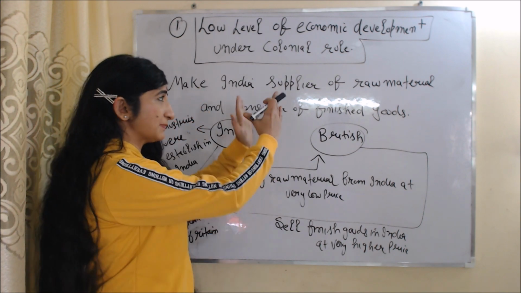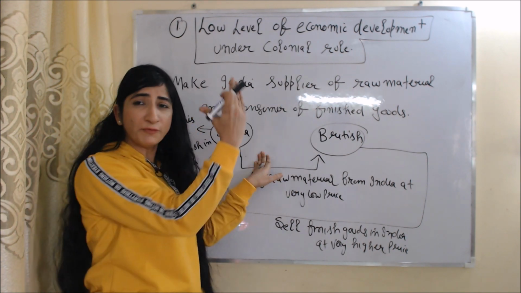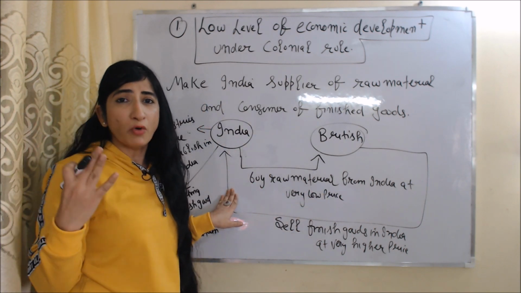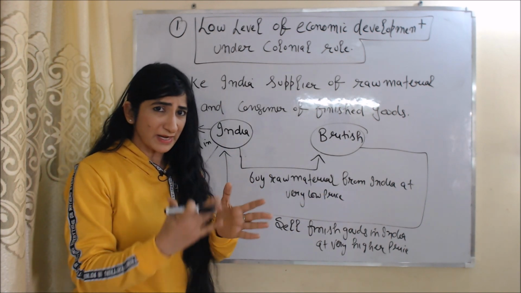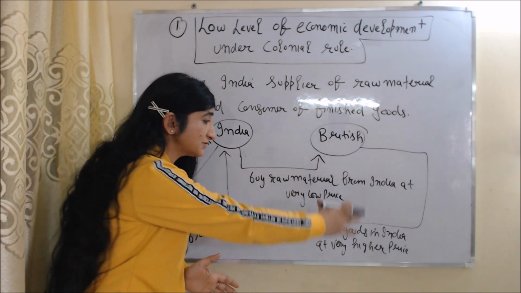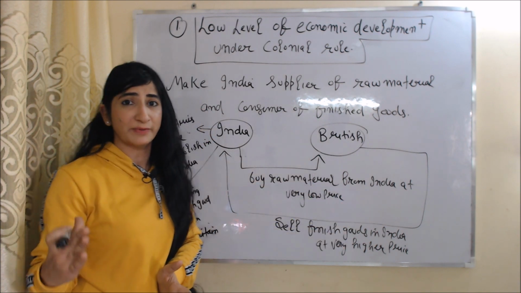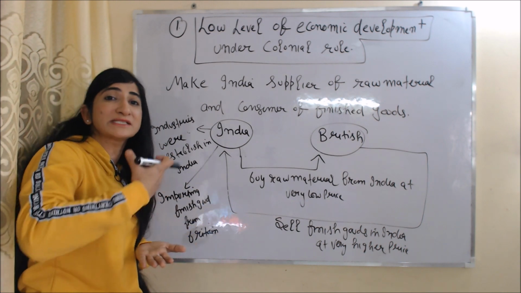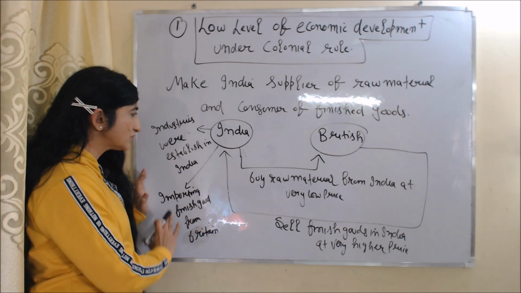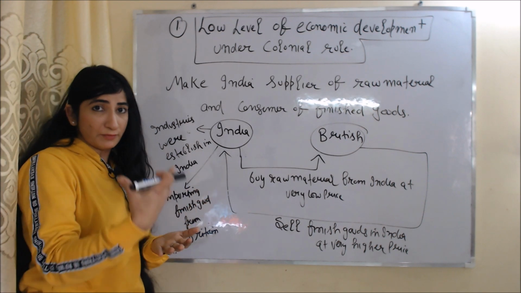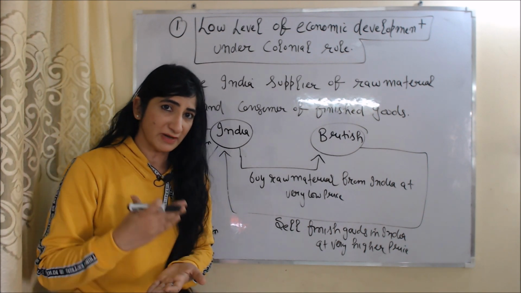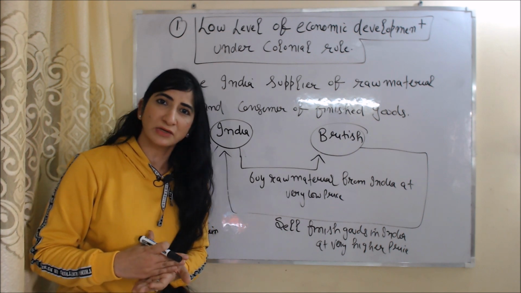They made India a supplier of raw material and consumer of finished goods. It means they bought raw material from India at a very low price, made finished goods using this raw material, and sold these finished goods in India at a much higher price. That's why industry was not established in India, it was established in Britain. Plus India was importing finished goods from Britain, which means the money of India was going to Britain. That's why economic development of India was very low under colonial rule.